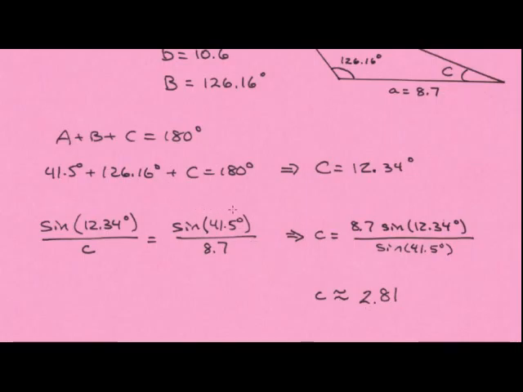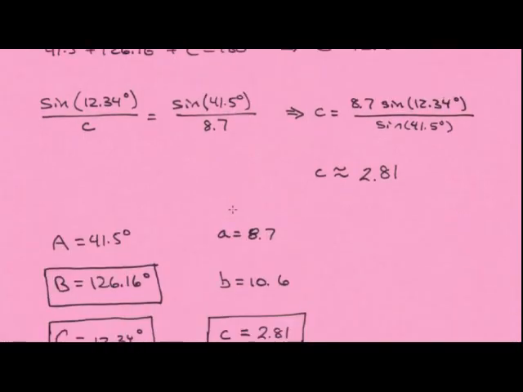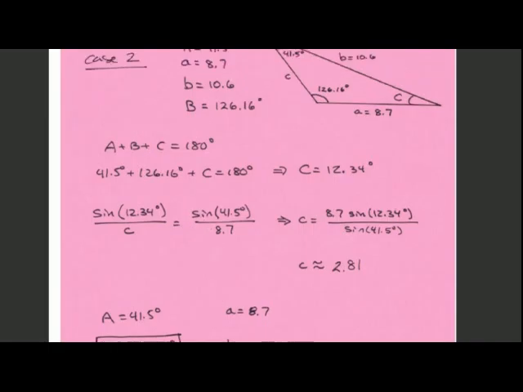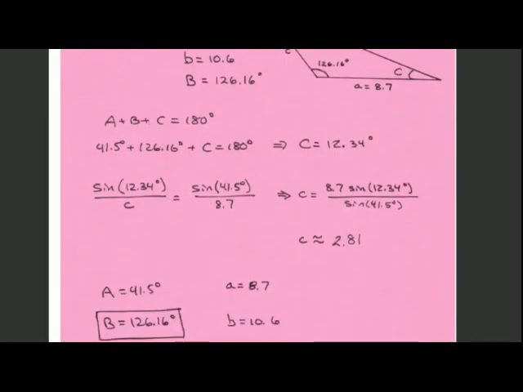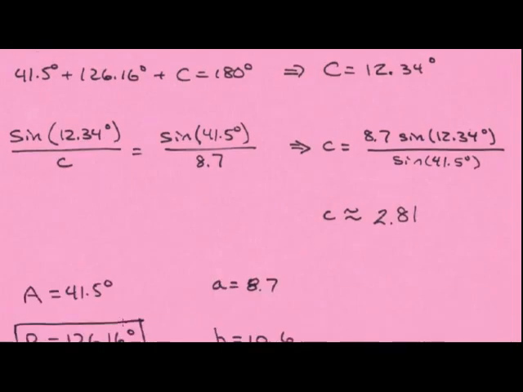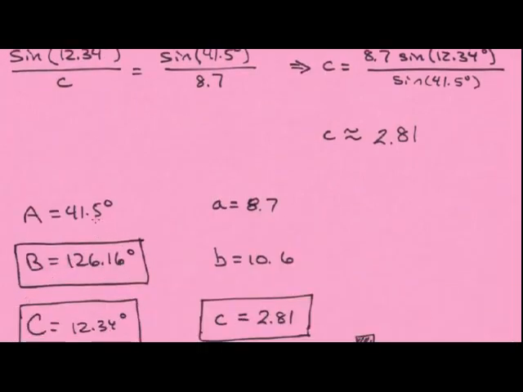Okay. So what this case gives us, so again, we have that, oops, let's make that a little bigger, so that our angle A, which we were given, was 41.5, side A is 8.7, side B is 10.6, and so we figured that angle B in this case was our 126.16.